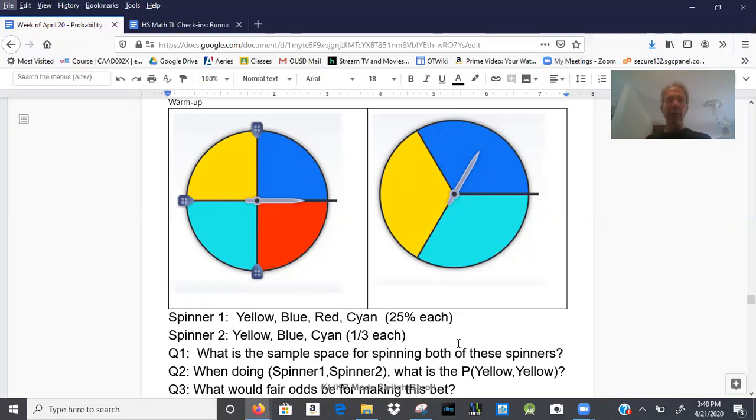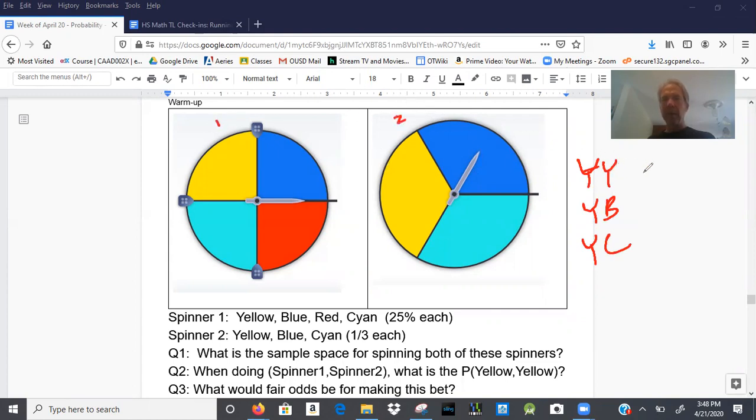So one way to do this, and I'm going to show you some examples of this earlier. Well, one thing that could happen is I could spin and I could get yellow, yellow. That could happen. Or I could spin and I got yellow, blue. Or I could spin and I got yellow, cyan. So once again, this is my first one, my second spinner.